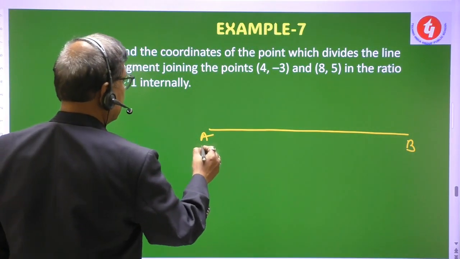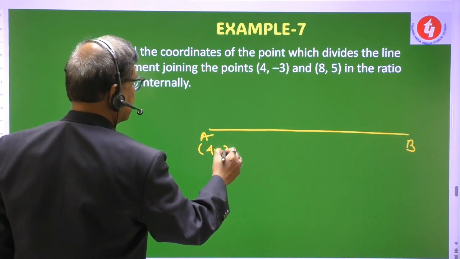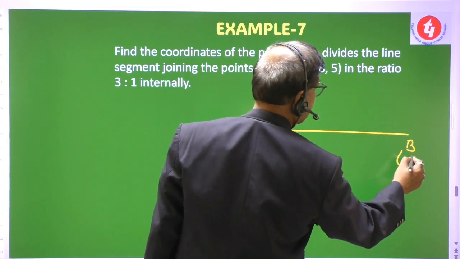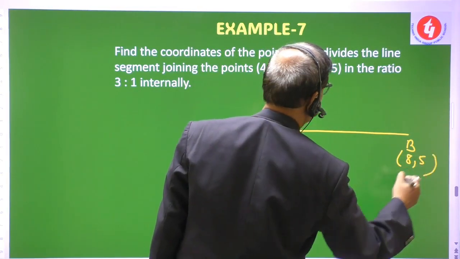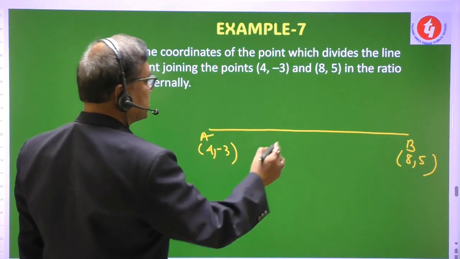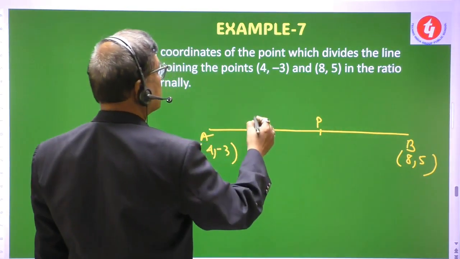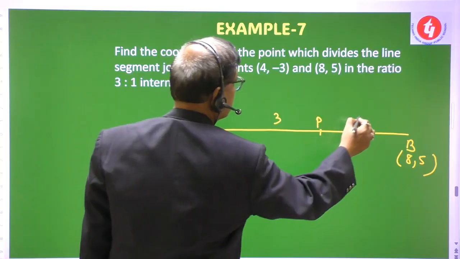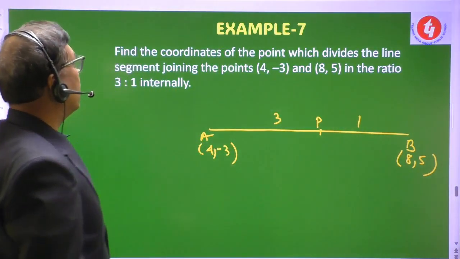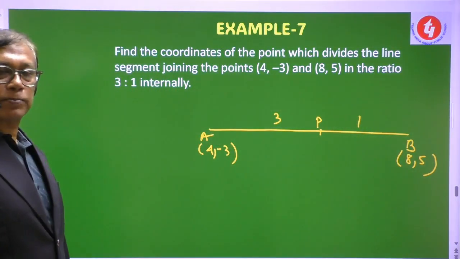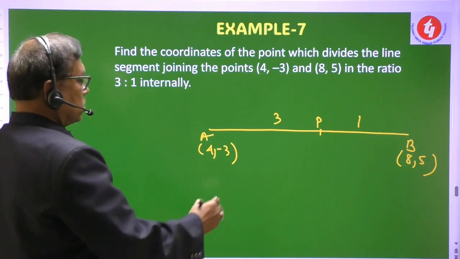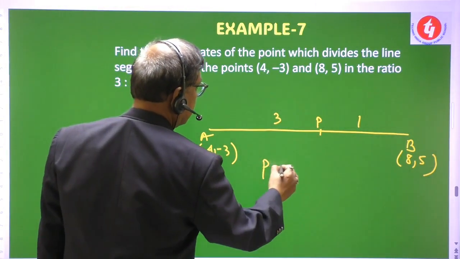Coordinates of A are (4, -3) and coordinates of B are given (8, 5). This segment is divided by a point P in the ratio 3:1, and we have to find the coordinates of P.